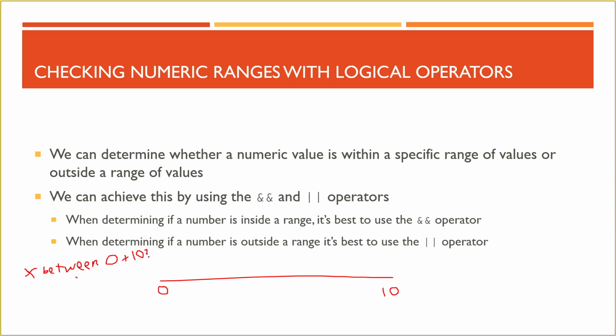In order to answer this question, we would want to use the logical and, or the and operator, because we are determining if x is inside of a range. It's in the range 0 to 10.